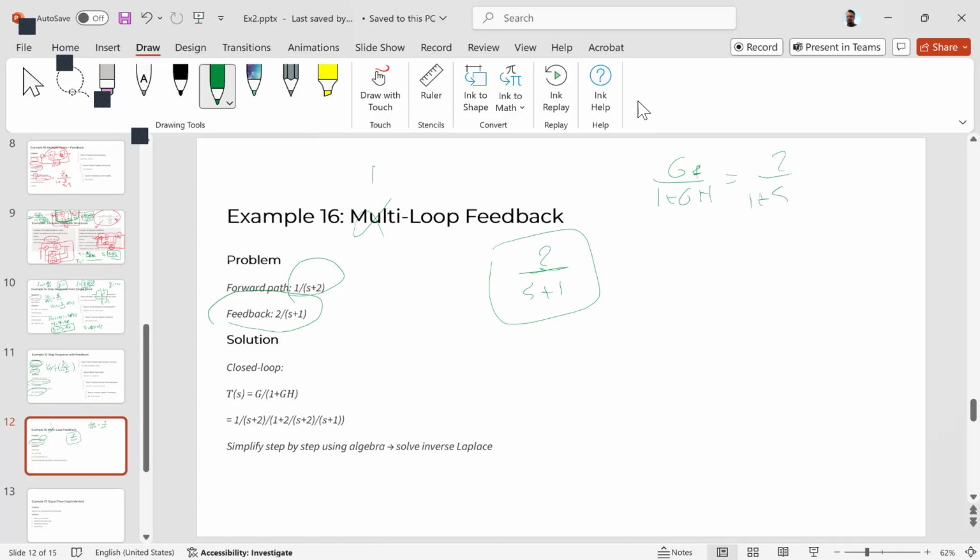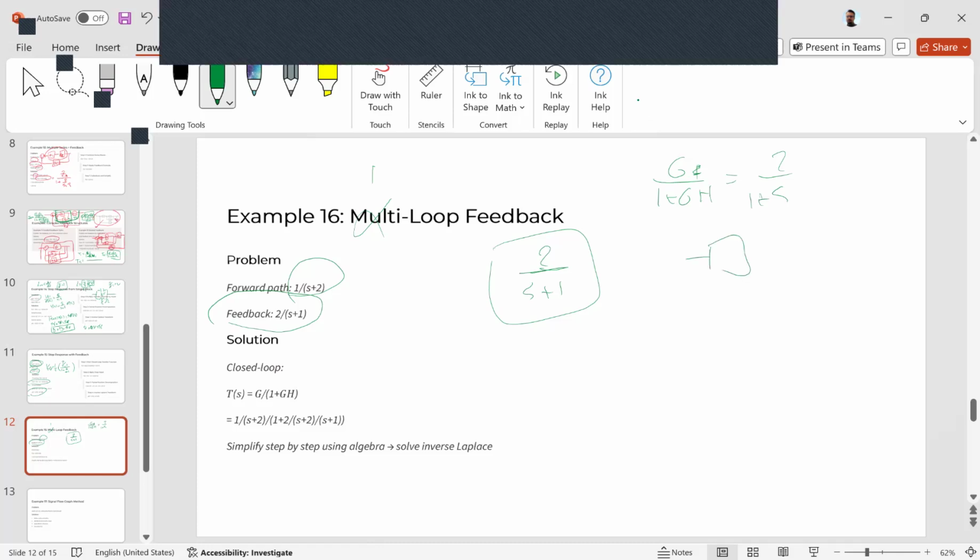The inner feedback would have a G and an H. Are we good? What is G? If the formula is 2 over S plus 1, what is G? It's 2, correct? So this is 2.